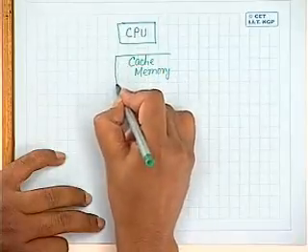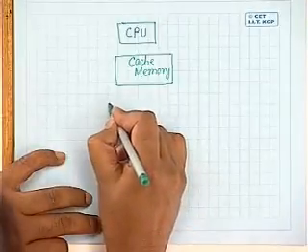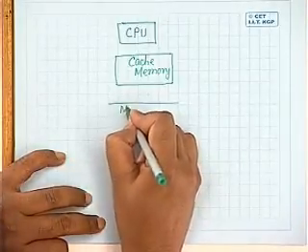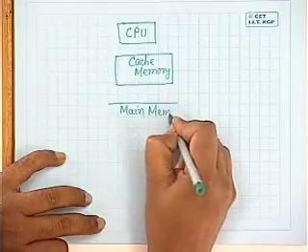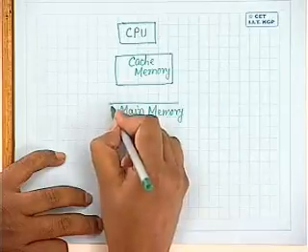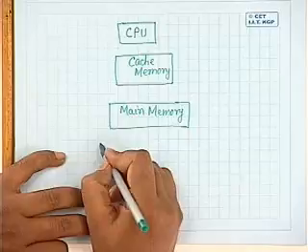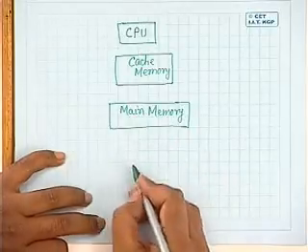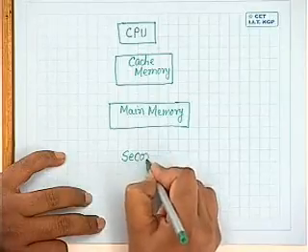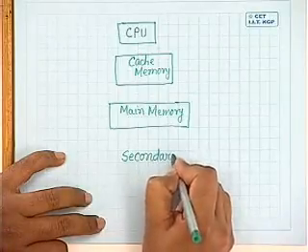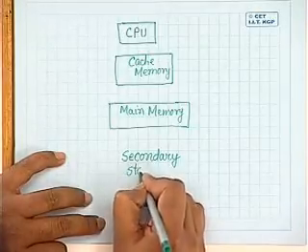If the data or the instruction that is requested is not available in the cache memory, then you have to search for it in the main memory. If it is not available in the main memory also, then you have to go to the secondary storage and check for it there. And that is the one that we have said in case of our demand paging or the virtual memory management system.